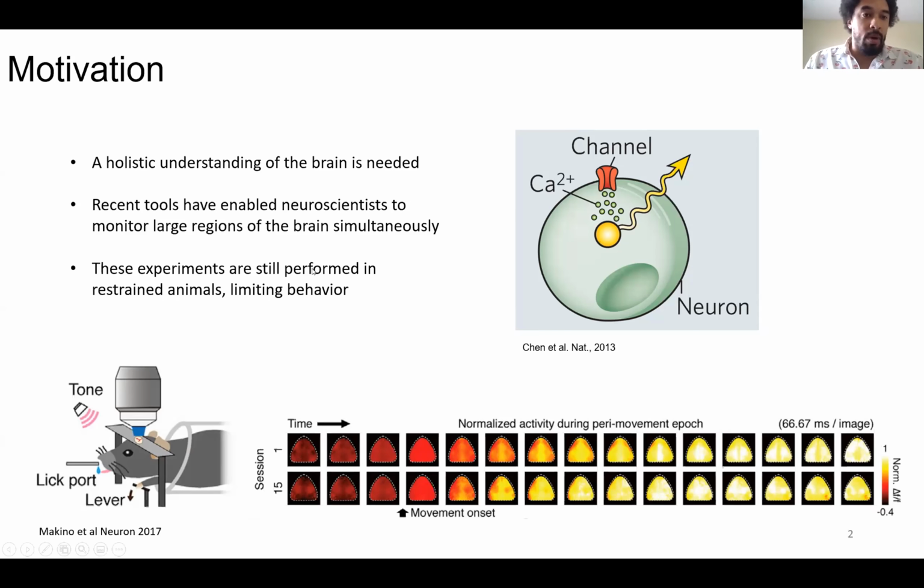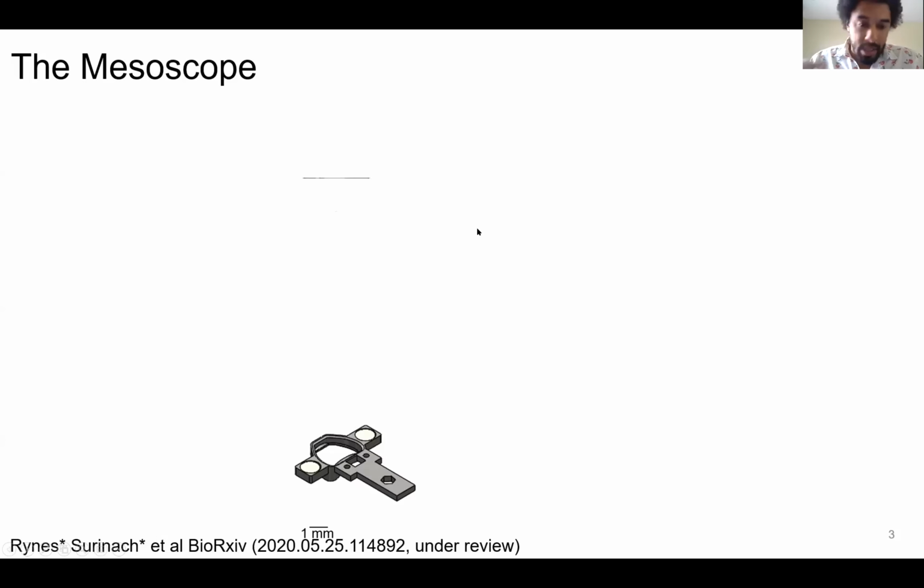This is a challenge we sought to overcome with the mesoscope, which is the technology that I'm presenting today. The way it works is we have previously developed methods to gain and maintain optical access to large regions of the cortex in mice by using a 3D printed polymer skull that interfaces optically with the brain using polyethylene terephthalate, which is a biocompatible polymer.